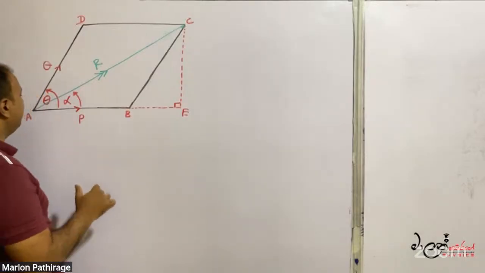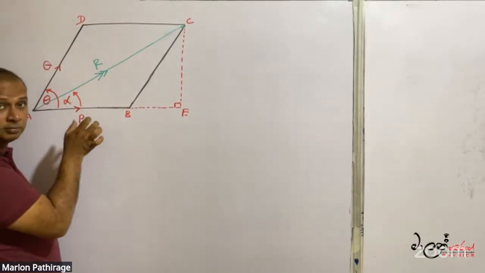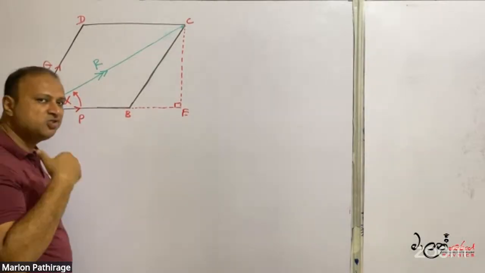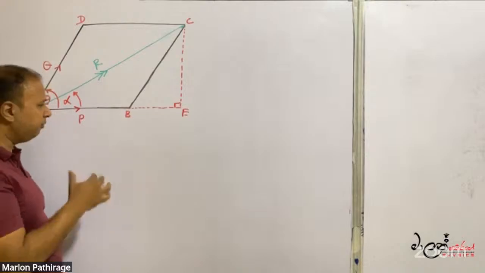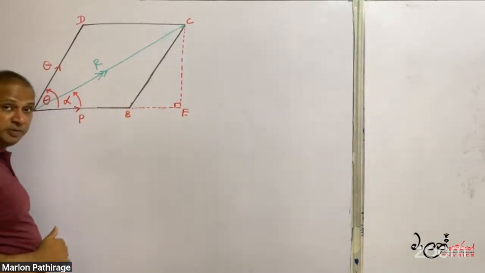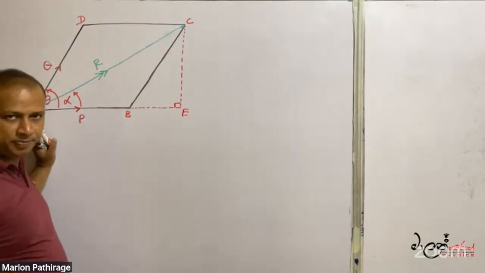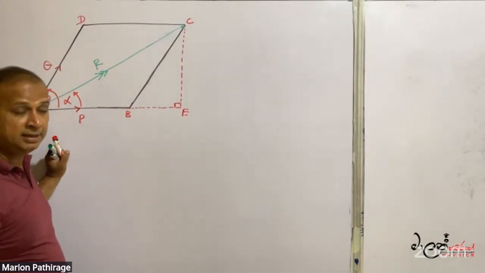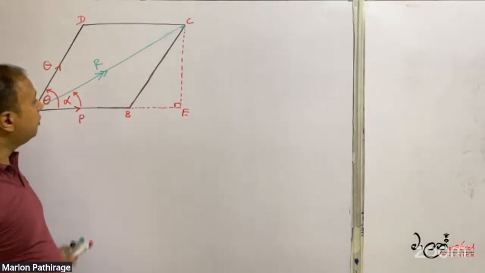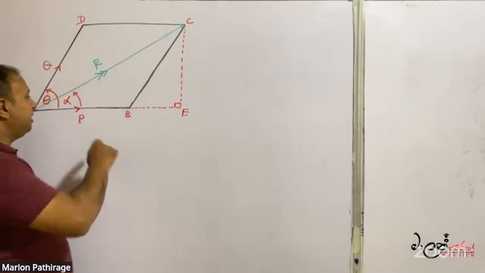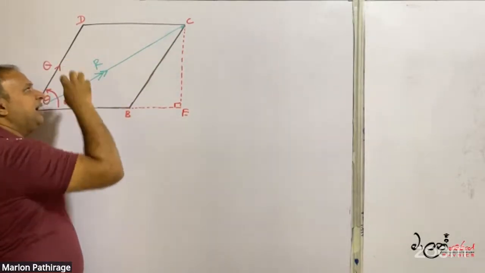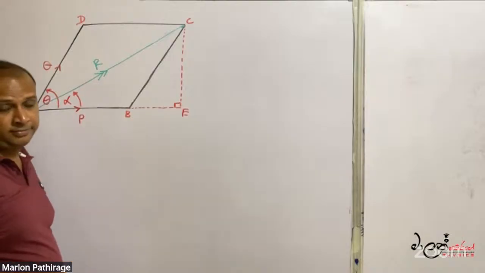Then the addition of P and Q, addition meaning resultant, the resultant of P and Q, is represented by the AC diagonal. So that is the vector parallelogram law. Now we are going to determine the magnitude of AC, the magnitude of this R, as well as the direction.